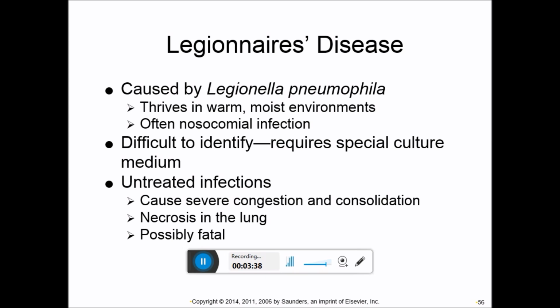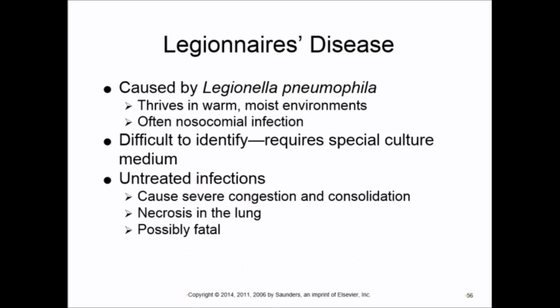But the third one, which is atypical, is usually virus or mycoplasma. So in both cases, it's not antibiotic. That's called by Legionella pneumophila. This is another type of organism, and this is usually nosocomial. So most of the time, Legionnaire disease comes from hospitals, and the organism itself needs a warm, moist environment.